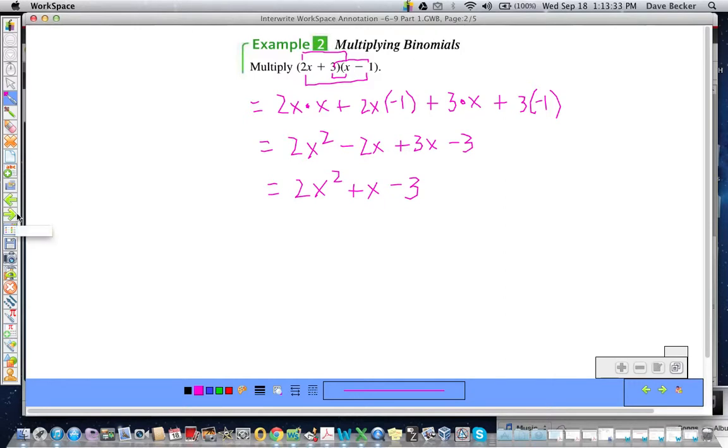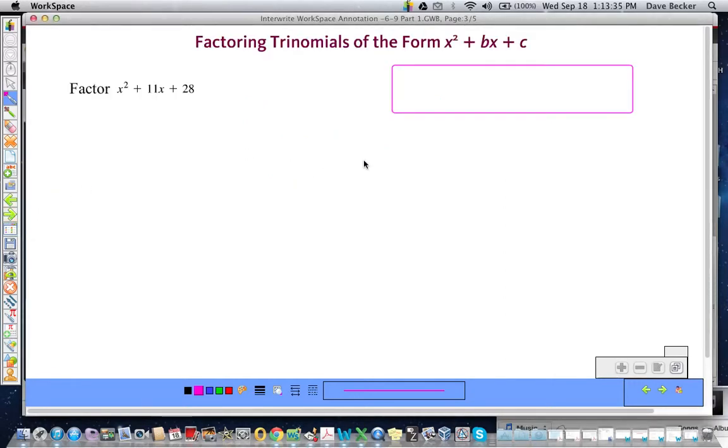So what we're really doing when we are factoring is backwards foiling, for lack of a better term. We're just reversing what's happened there. Hopefully this looks familiar. If not, we'll go back to it in just a second. We're being asked to factor this trinomial, x squared plus 11x plus 28. Let me go back one screen again.